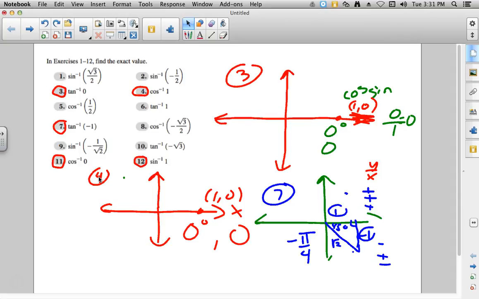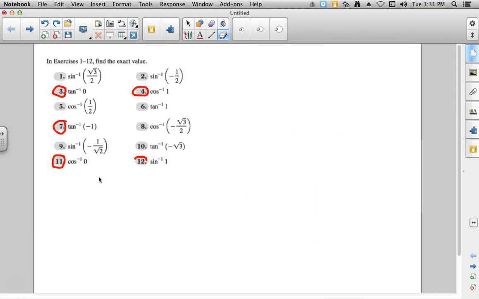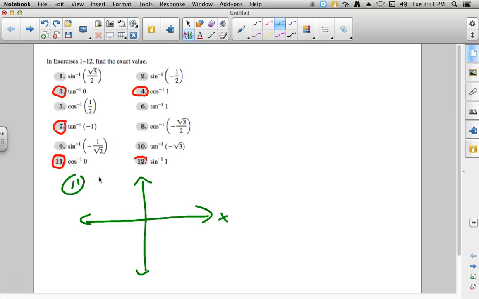Number 11 wants an inverse cosine that is 0. So let me get some room here to show you that one. All right, so inverse cosine needs to be 0, so remember where cosine is going to go for us. Cosine is supposed to be in either quadrant 1 or quadrant 2.